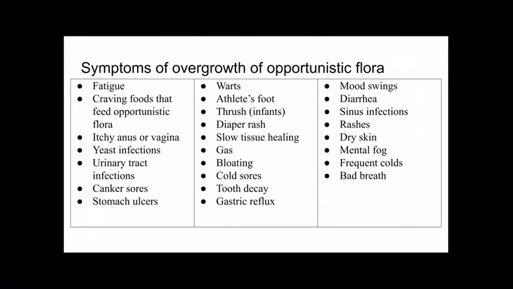Stomach ulcers are associated with H. pylori. H. pylori is in that group of opportunistic, potentially harmful flora. We have it around quite often. It doesn't necessarily have to be with us, but it is associated with things like stomach ulcers, which is kind of funny, because we think of the stomach as an environment where a lot of things couldn't survive.